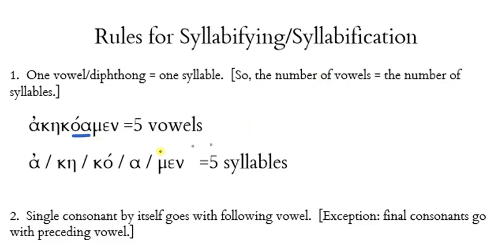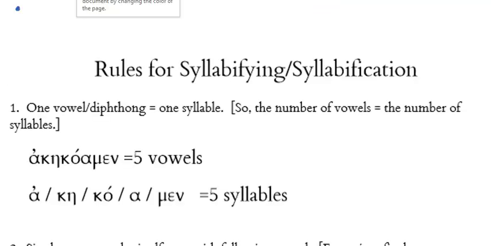So these are actually separate vowel sounds. Very good. Okay, and so when I'm done dividing this, we'll talk about how I knew where to divide in just a moment. But notice I have 1, 2, 3, 4, 5 syllables left after dividing because I had 5 vowels.